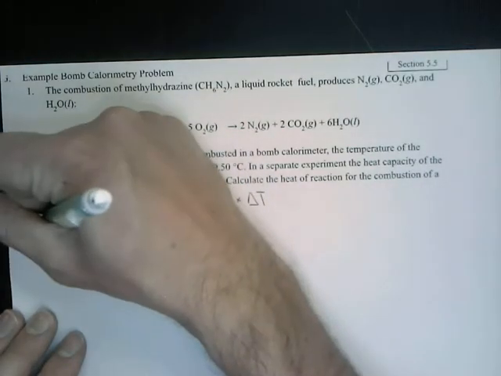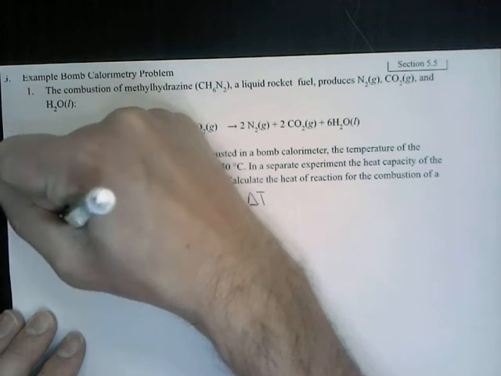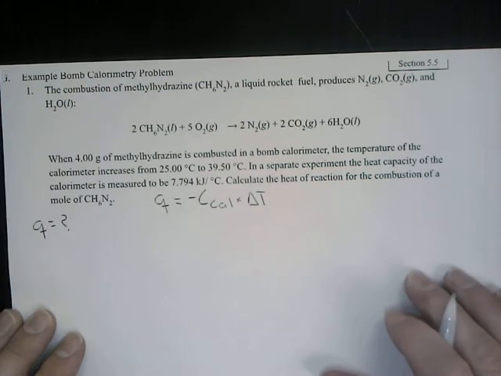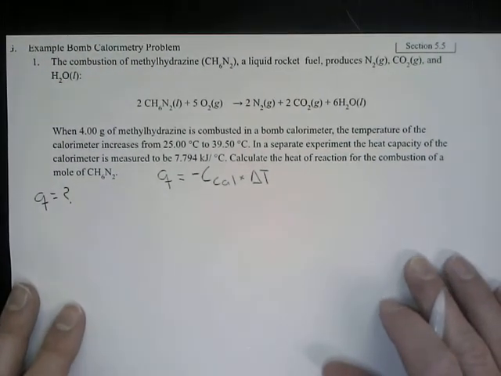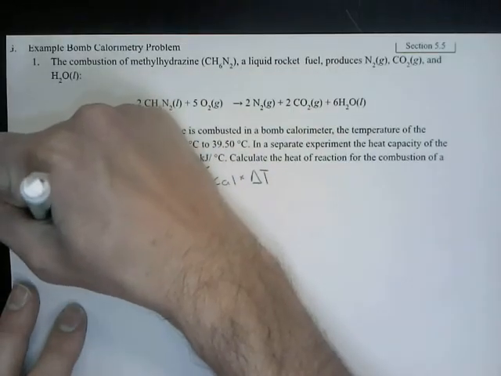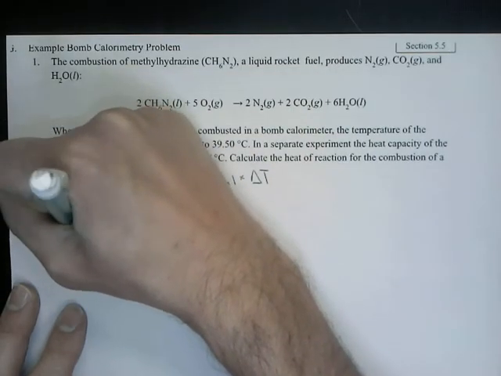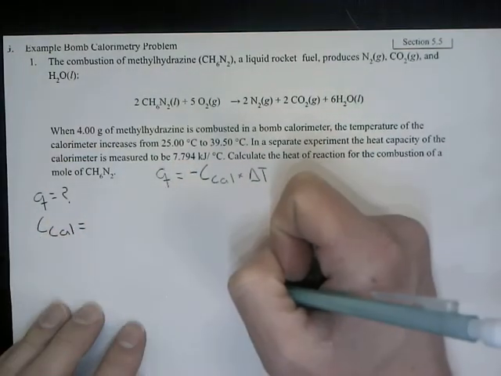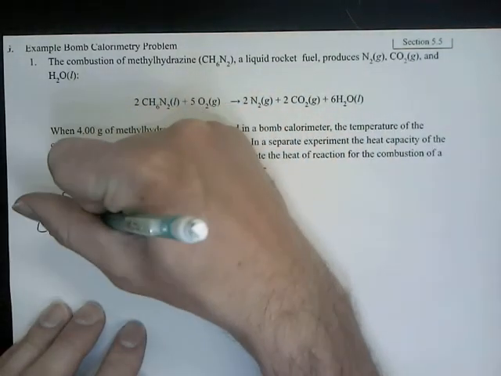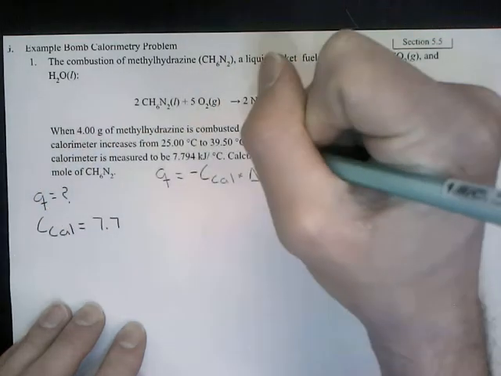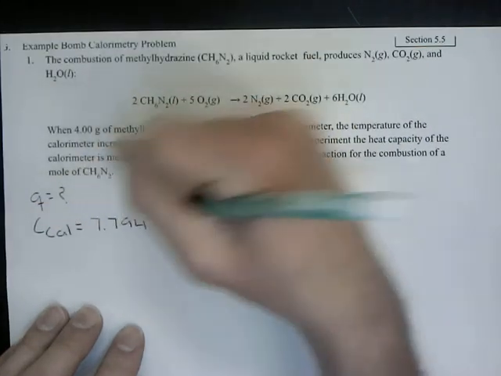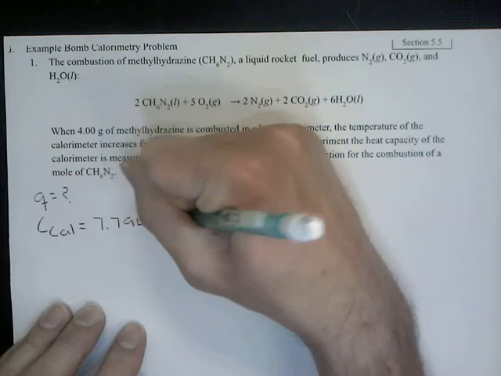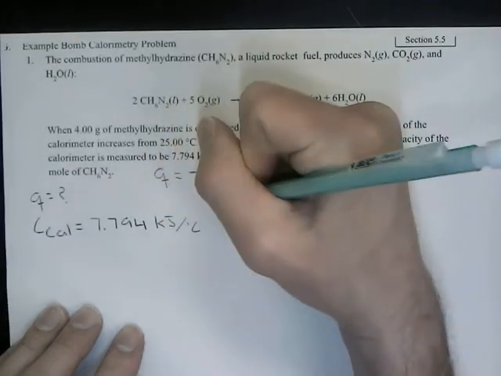Okay, so we have a lot going on here, and we're just going to break it down. Ultimately, we're first going to have to find that Q of what just happened in this problem. Our C_cal is the heat capacity given in kilojoules per degree Celsius: 7.794 kilojoules per degree Celsius.